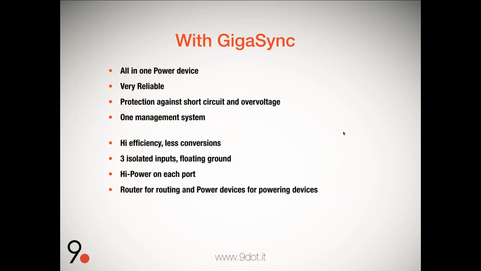The ground is floating, no problem with grounding. High power on each port, 3 amperes each port, means 150 watts at 50 volts. And I think the router is for routing and the power device is for powering devices. So you have the router that will make routing and the power device for powering devices, and that's all.